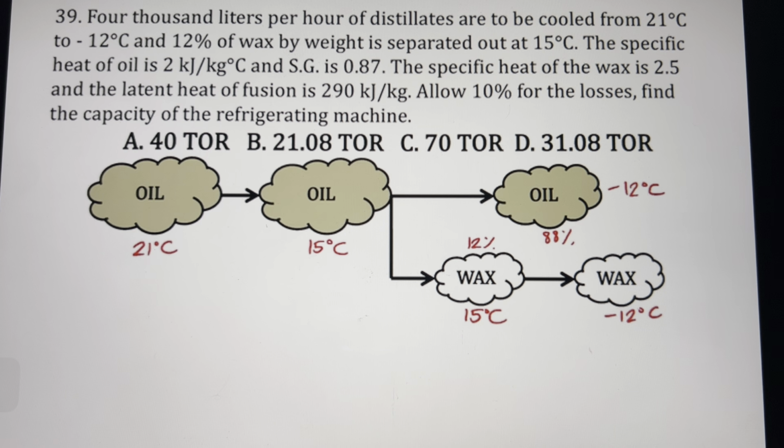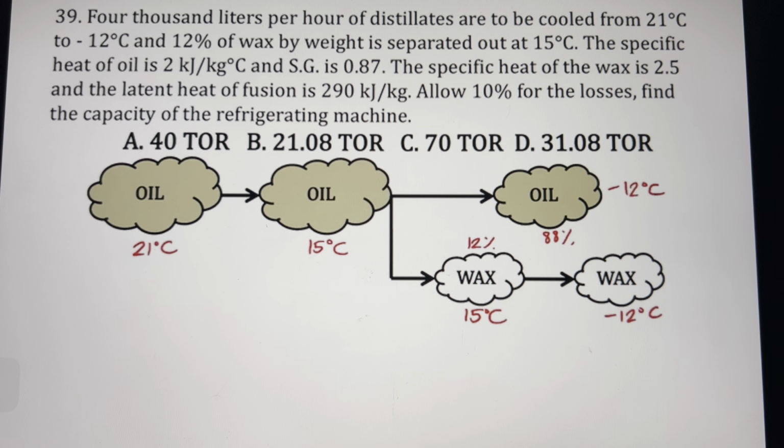So for the two heats, we need the mass. As you can see, what we have here is 4,000 liters, which is obviously volume. To get the mass, it is equivalent to density times volume. So our mass is equivalent to specific gravity times density of water.